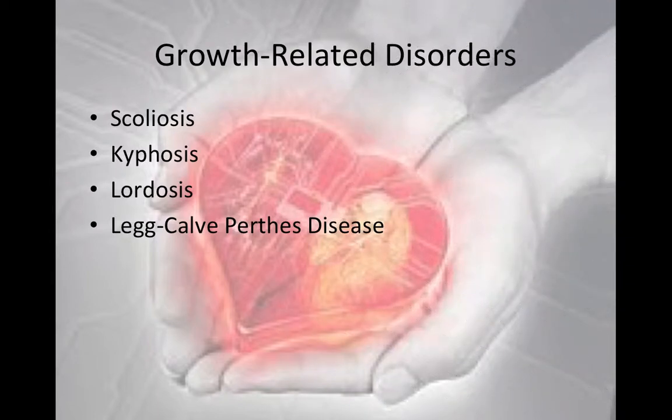Alright, now looking at growth related disorders, we'll look at scoliosis, kyphosis, lordosis, and Legg-Calvé disease. For the first three, they involve the spinal column, so you do want to review the differences between them so that you can understand how the body is aligned when you're looking at a patient diagnosed with one or the other.